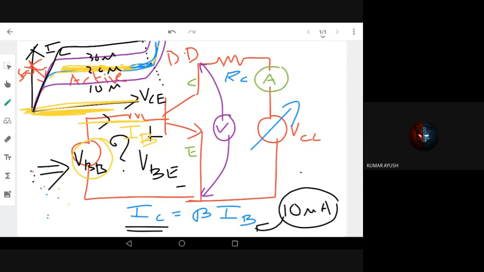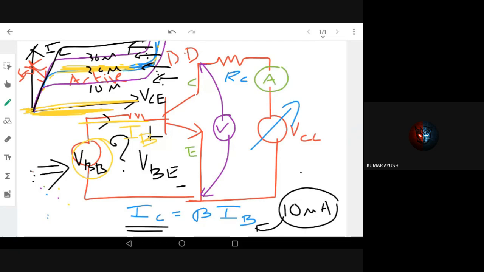As I'm increasing the base current, you can see my IC saturation is going to increase. At the same time, the breakdown region is going to decrease also. It's coming nearer and nearer because the power dissipation capacity of the transistor is limited. So as high current flows, my transistor will break down faster.